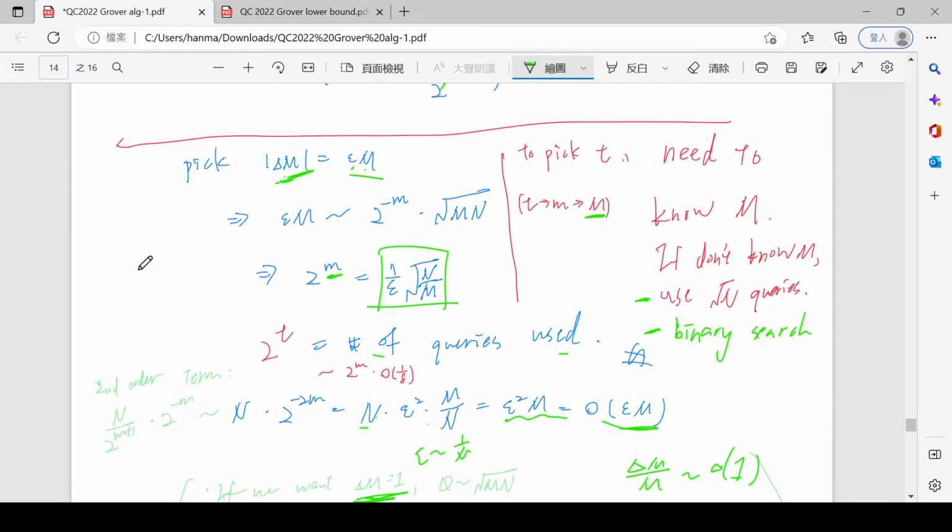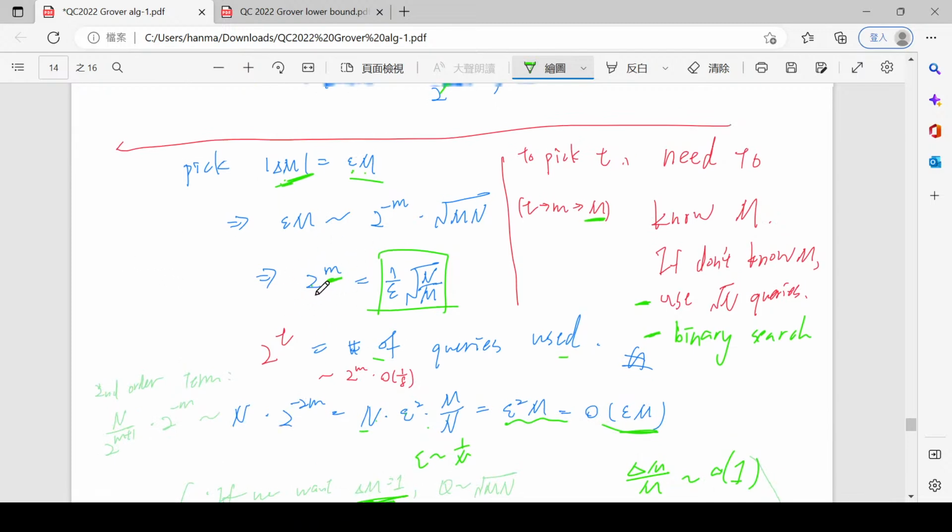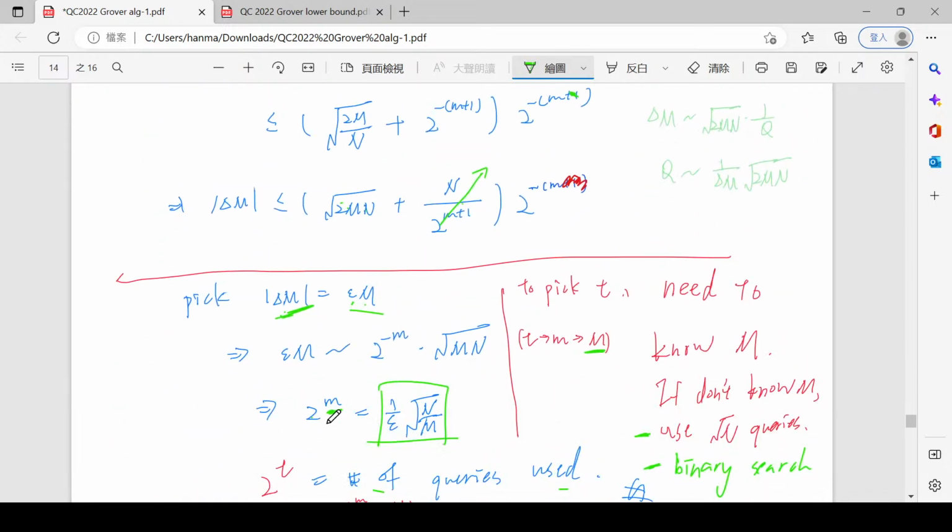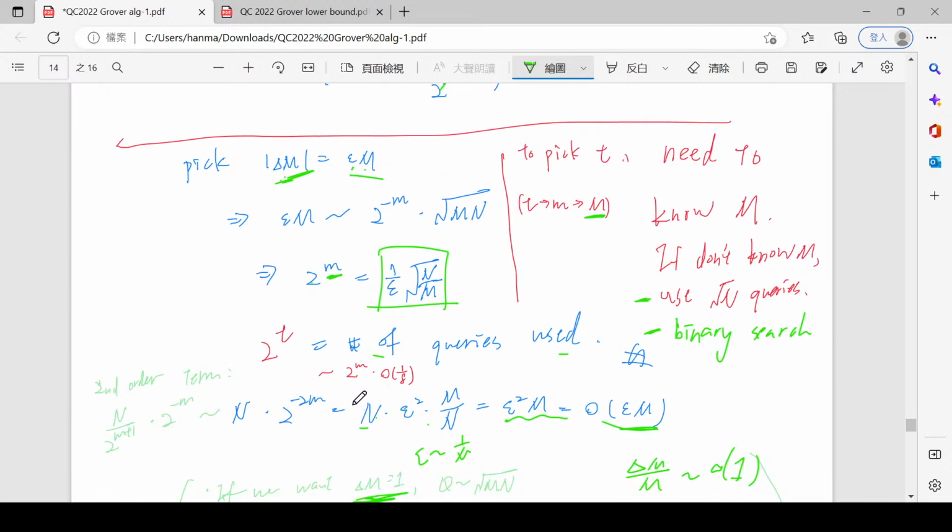Anyway, in the end, we see that the number of precision bits t you need is such that 2 to the t is about 1 over epsilon square root of n over m.